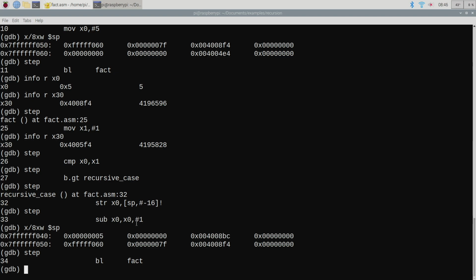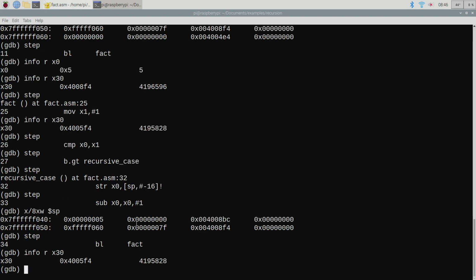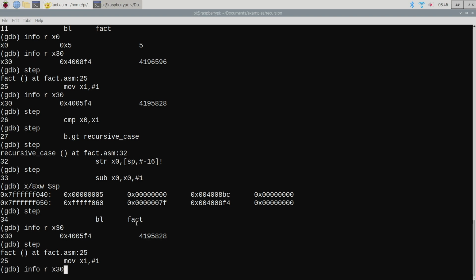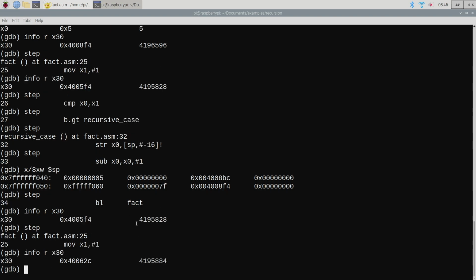And here's where the trouble is going to happen. Let's look at the registers. What is X30 right now? 5F4. What is it now? Yeah, okay.